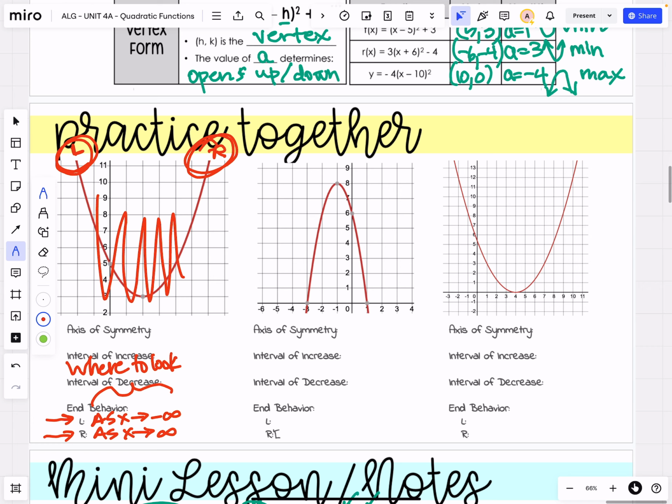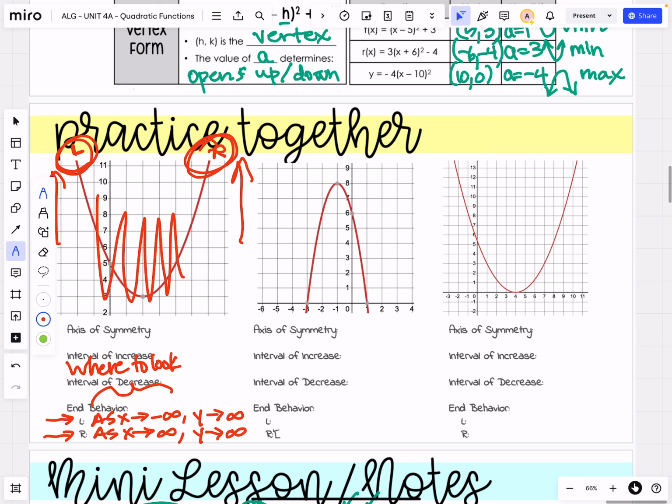With quadratic functions, they're either going to be both going up or both going down. If they're both going up, the y value is going towards positive infinity, and on both sides that's true. They're both going up on the left side and on the right side.